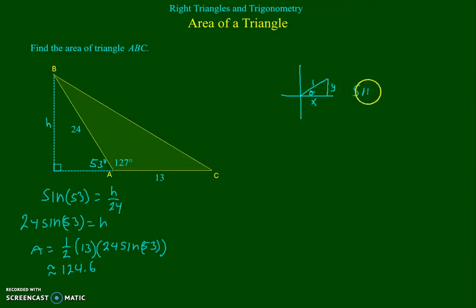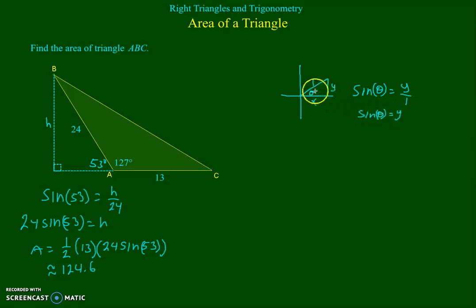So sine of theta equals y over 1, opposite over hypotenuse. Therefore, sine theta equals y. And cosine theta would be x, but we're concerned with the y at this point.